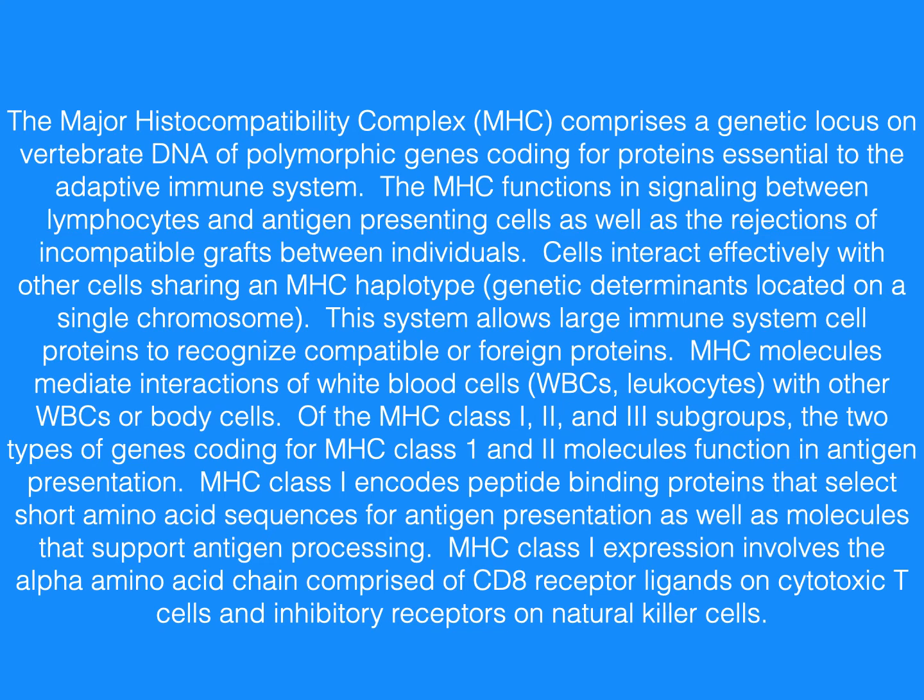MHC class I encodes peptide binding proteins that select short amino acid sequences for antigen presentation, as well as molecules that support antigen processing. MHC class I expression involves the alpha amino acid chain comprised of CD8 receptor ligands on cytotoxic T cells and inhibitory receptors on natural killer cells.